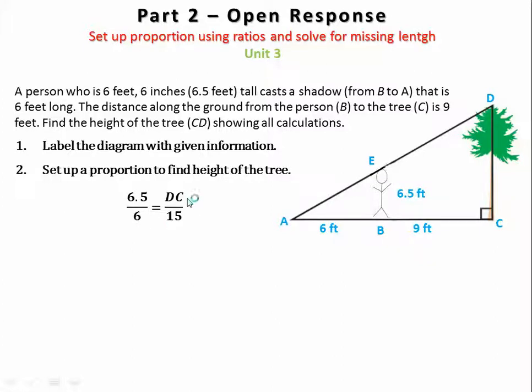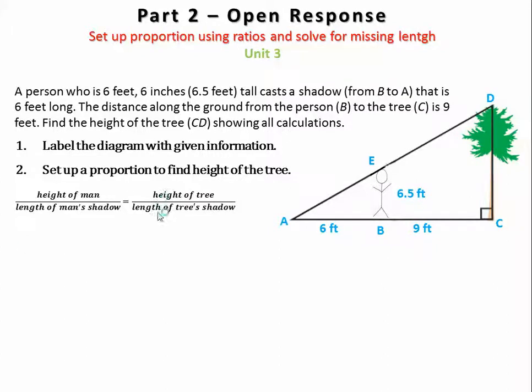We're looking for the height of the tree, which is represented with the points DC. To find the height of the tree, this is the trick, and I've noticed a lot of people making this mistake this semester. I'm going to have to combine the length of his shadow and how far he's standing from the tree, because if you look, let's go back a slide.